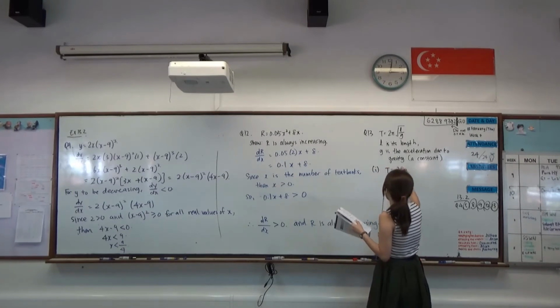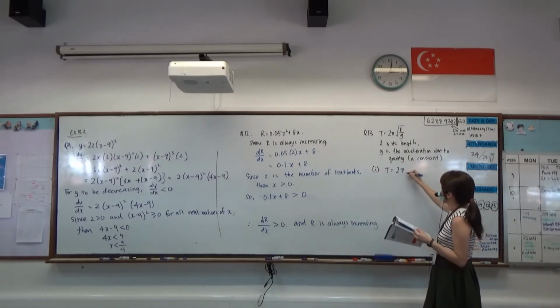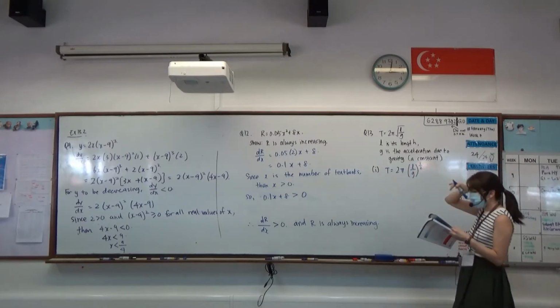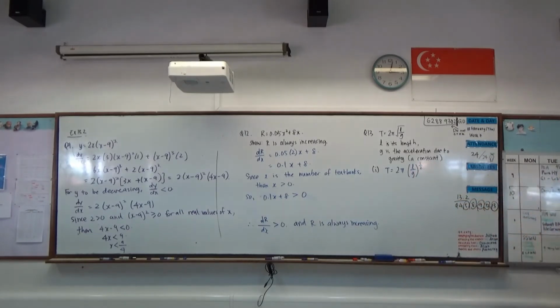So I can rewrite T to be 2 pi times (L over g) to the power of half. Recognize g like a number itself, like how you see pi as a number.